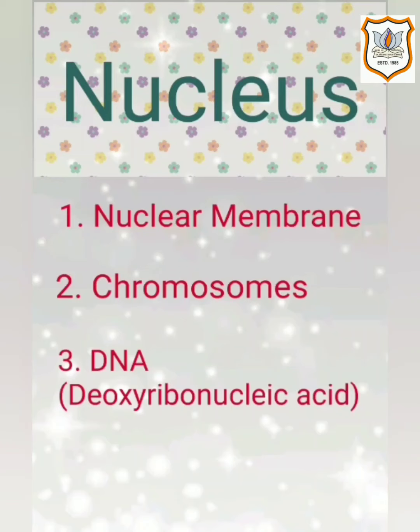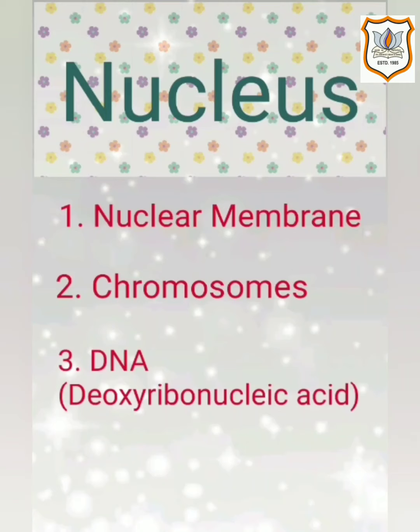Okay students, in the last video we were discussing an activity in which we prepared a slide of onion peel and placed it under the compound microscope, and on observing we obtained darkly colored spherical or oval dot-like structures at the center. We called it the nucleus.